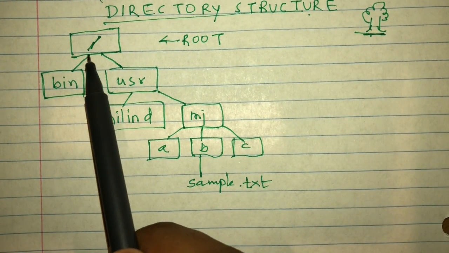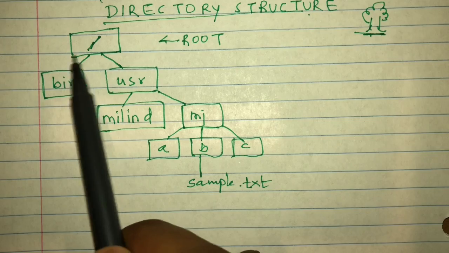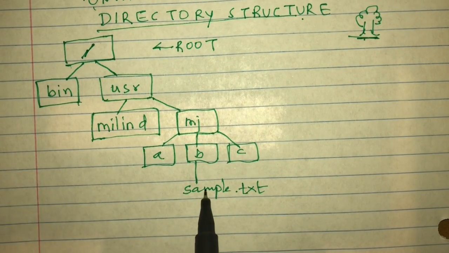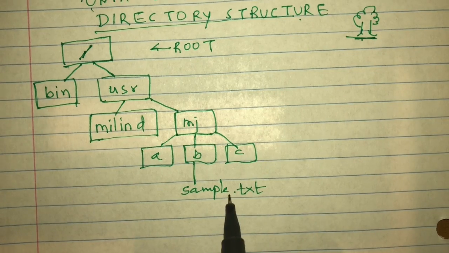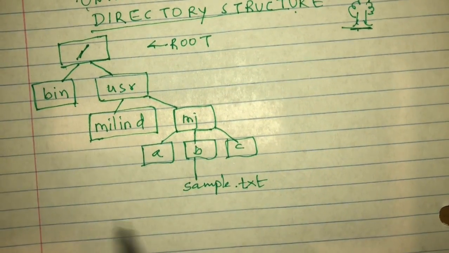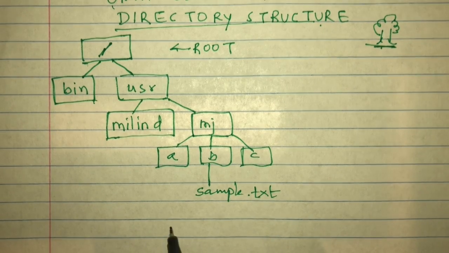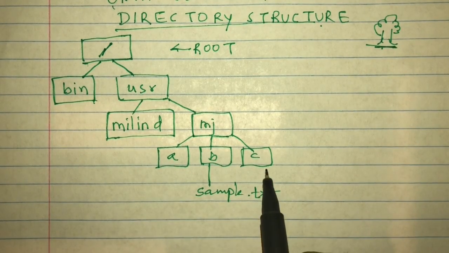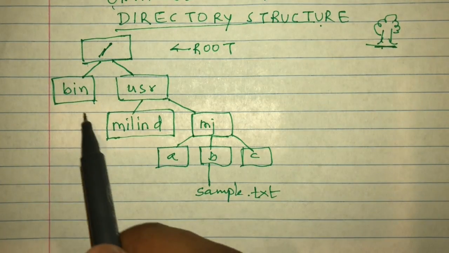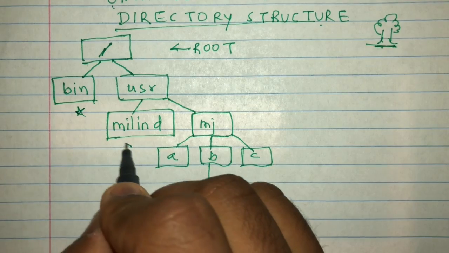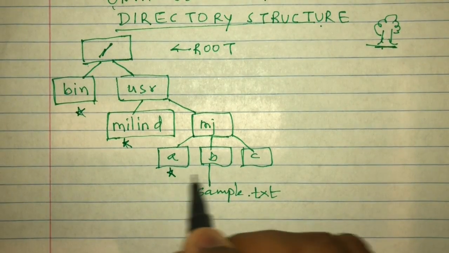The top portion of the directory structure is always called root, whereas the bottommost portion is called a leaf. So in this directory structure, you can say sample.txt is a leaf, A is a leaf, C is a leaf, Milind is a leaf, and bin is a leaf. So I will just put an asterisk here, whichever are leaves.